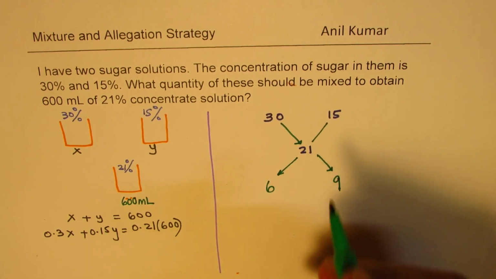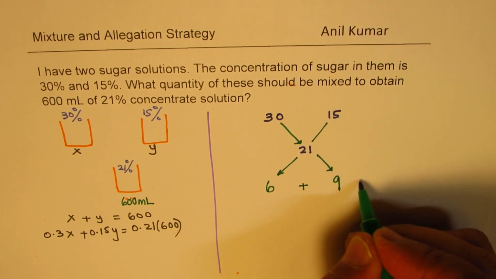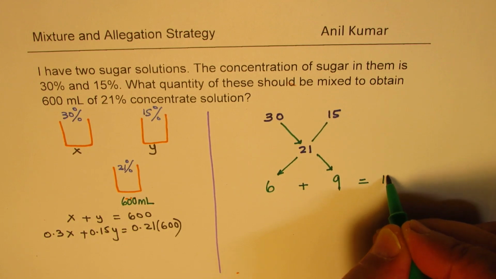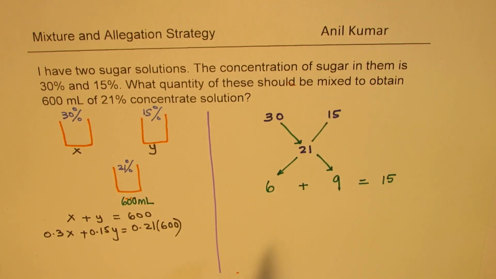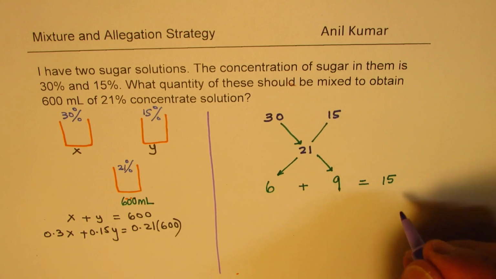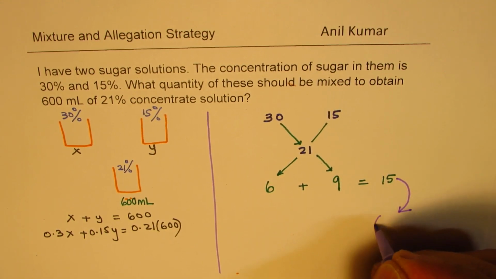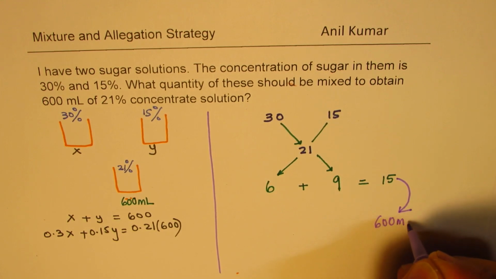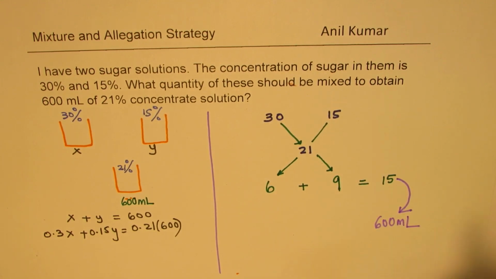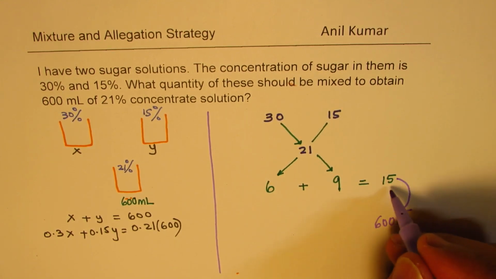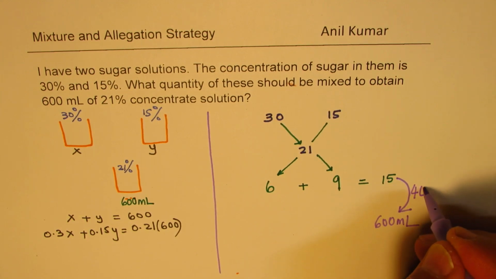Now, if you add them, what quantity do you get? That will give you 15. But what do you need? You need 600 milliliters. To get 600 milliliters, you need to multiply this quantity by what? Units are milliliters for me. So I have to multiply by 40 to get 600.